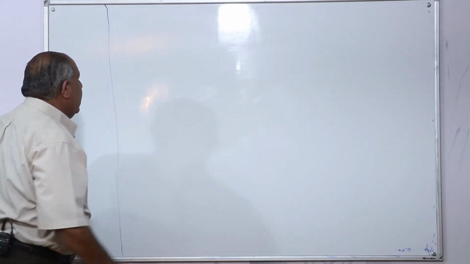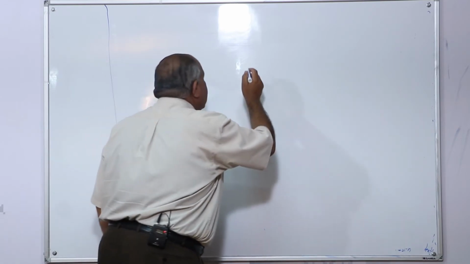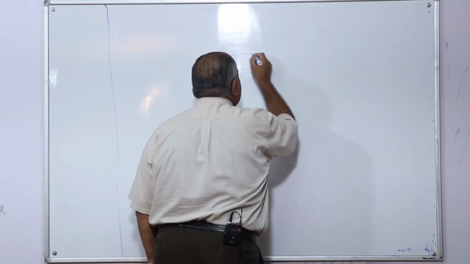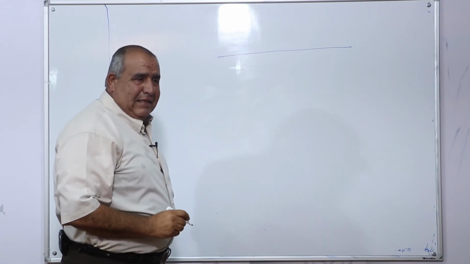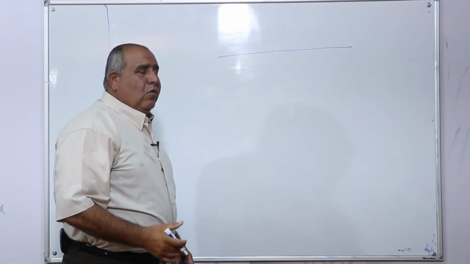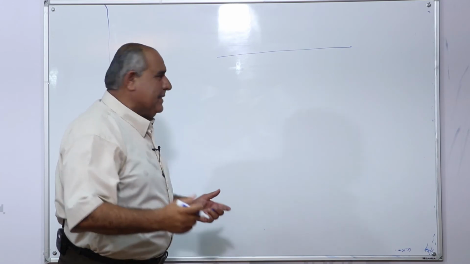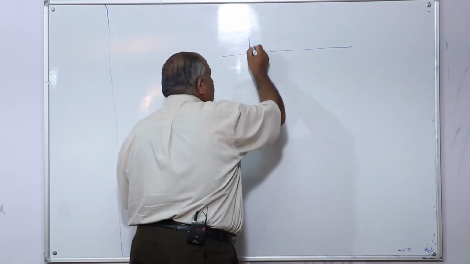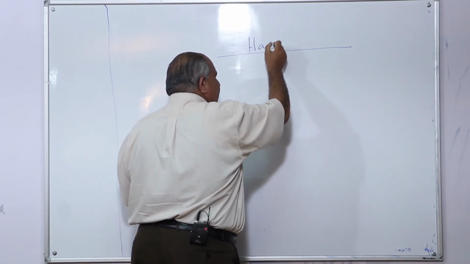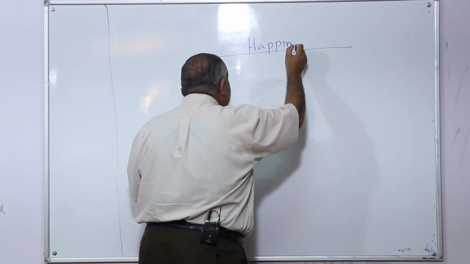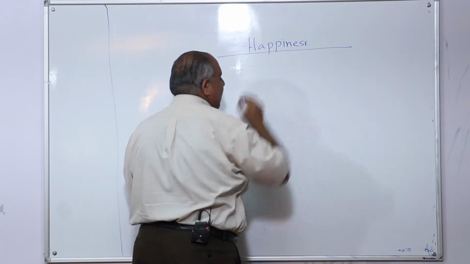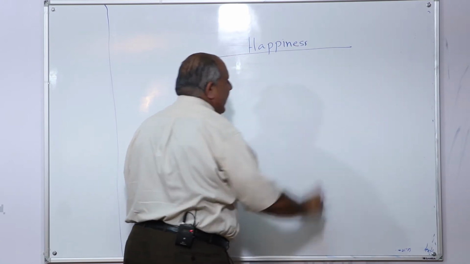Number 2, we are going to write the title like this, and we put a line under this title. For example, we are going to talk about happiness. So you write in the middle of the page the word happiness like this, and we put a line under it.